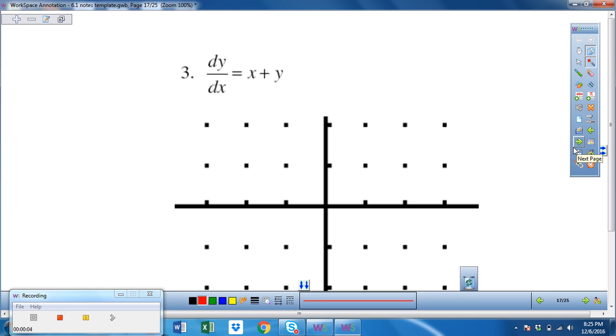Okay, last one that I'm going to show you. Again, what you want to look for are your patterns. So as you're matching them, you want to think, okay, where is this going to be 0? So when x is negative 1 and y is 1, I'm going to get 0.